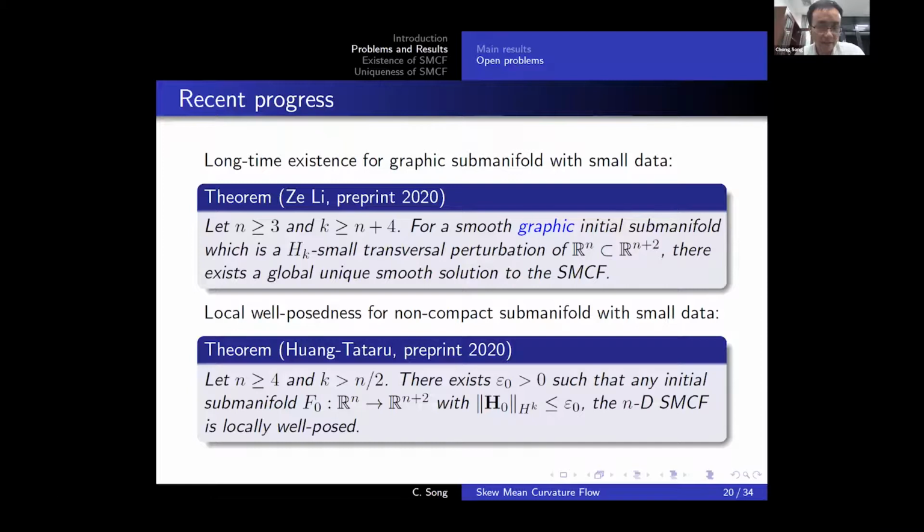Then he can prove there is a global solution. And also Huang Jiaxi and Tataru from Berkeley have studied the local well-posedness for non-compact submanifolds and also got some impressive results. Here, I think their requirements on the regularity of the initial data are almost optimal, but they only get local well-posedness.